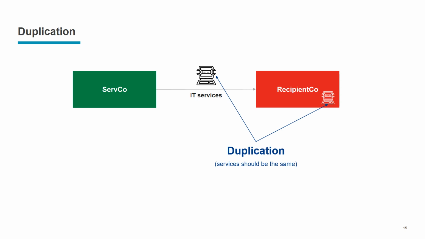And also, the OECD guidelines provide an example when duplication can be regarded as an intra-group service and will not be a non-chargeable activity. This may happen when there is a migration of activity to another company.